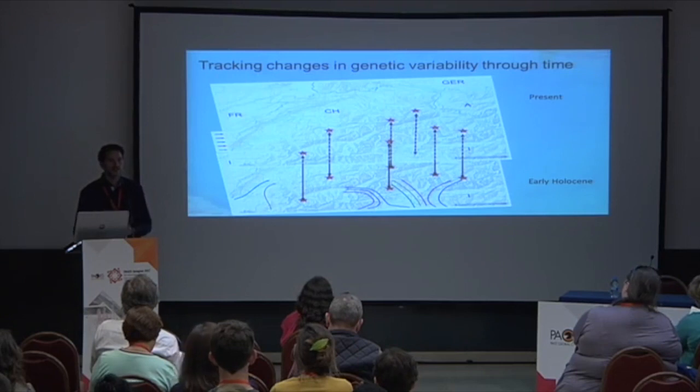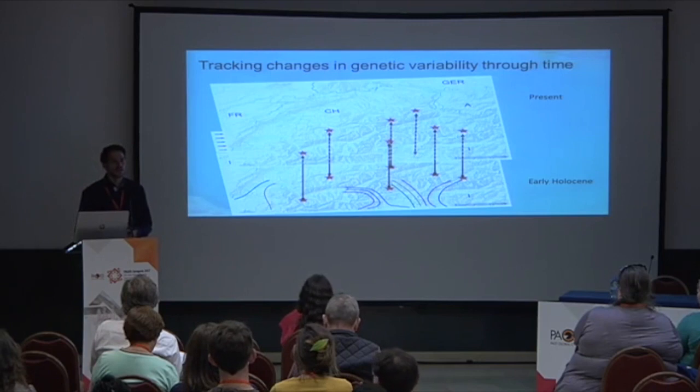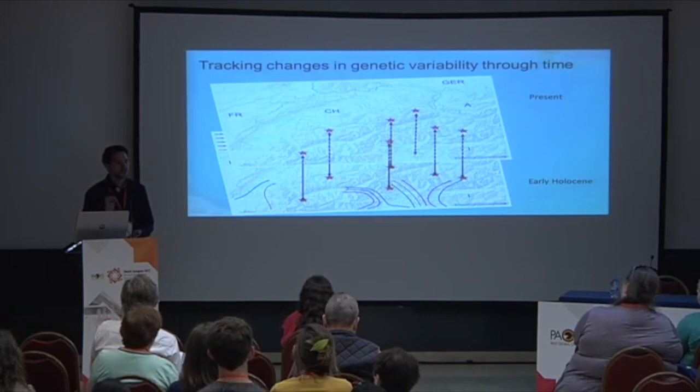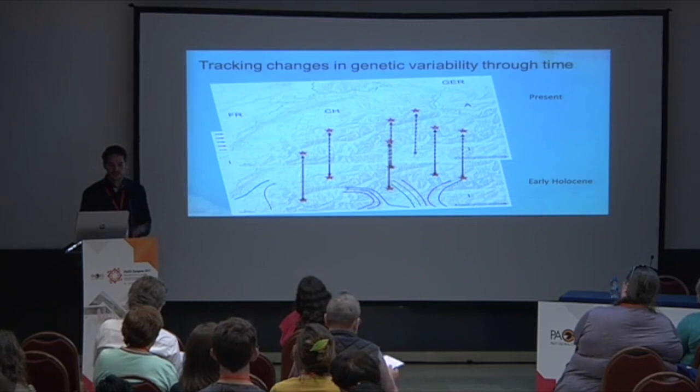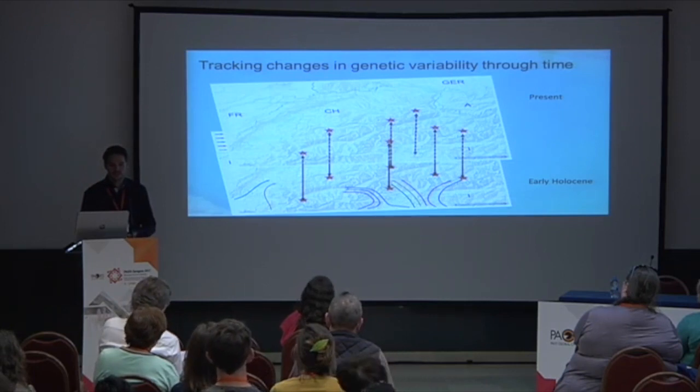So link back to present-day phylogeographic studies. And this would allow us to see if there are changes also in the genetic variability. It would also allow us, if we specifically focus on adaptive alleles, to check for the adaptive potential of species in response to changing environmental conditions.